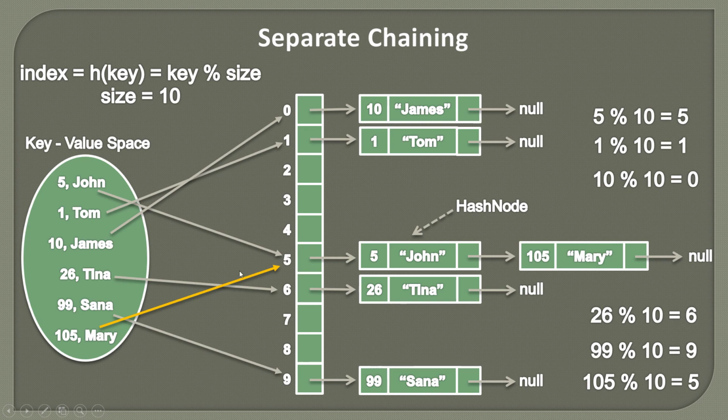Whenever we encounter a collision, we keep on adding those elements in this chain, which is a form of a linked list. So by the separate chaining technique, we can resolve these collisions and store the values in the form of a linked list when any collision occurs. We'll see the importance of this hash node and this linked list in our upcoming videos when we implement a hash table using the separate chaining technique.